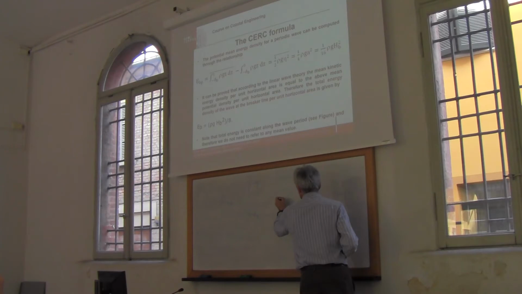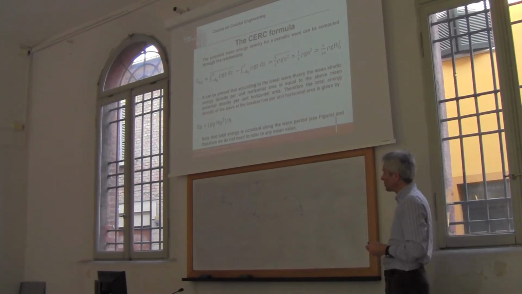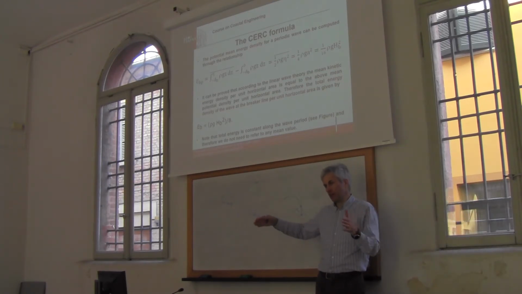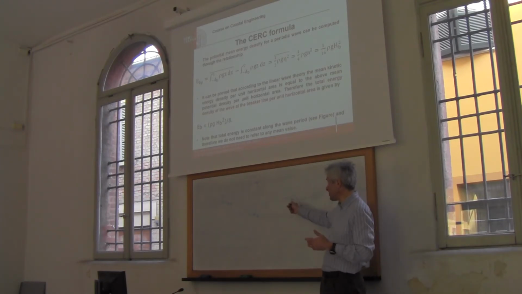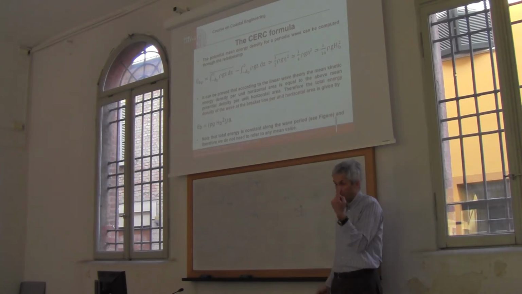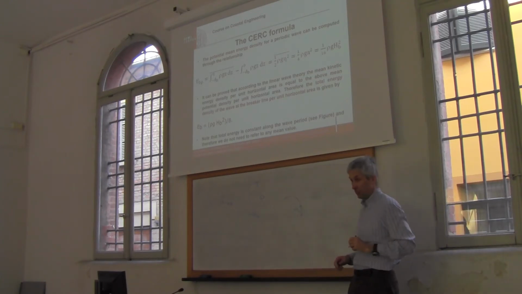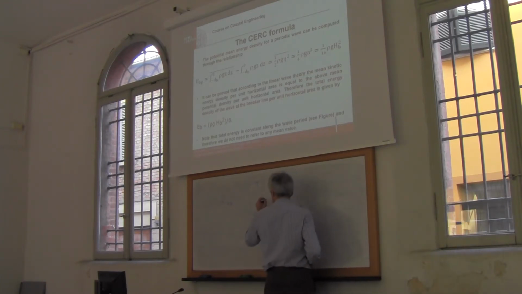So let me show you a wave. This is eta. I already told you that I want to compute the mean value over the phase of the wave. Eta may be coincident with the crest, but in just one position of the phase. Now let me introduce here the mass density of water, and then its potential energy.